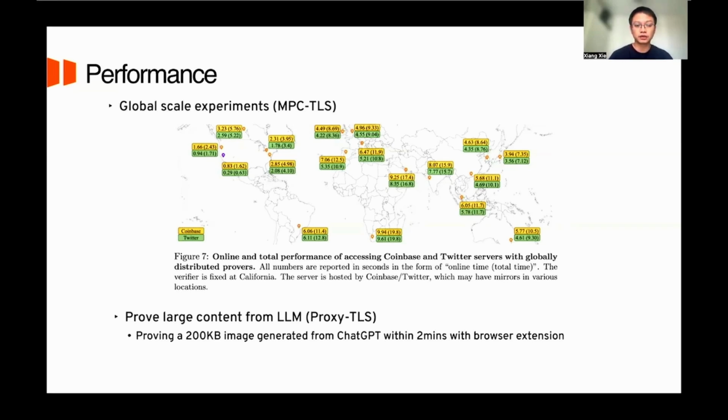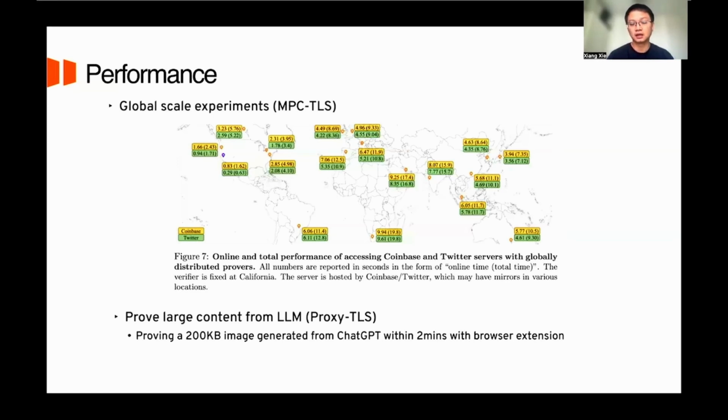And we also prove that with proxy TLS, using our Quicksilver-based proxy TLS, we can prove very large content from a large language model. For example, we can prove a 200 KB image that is generated from ChatGPT within 2 minutes.